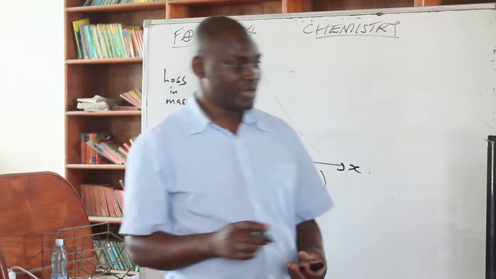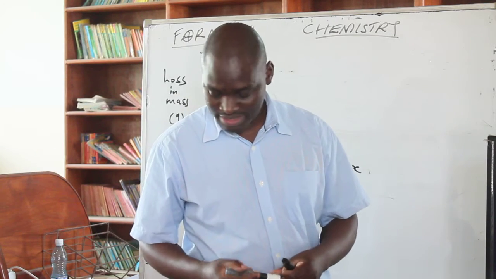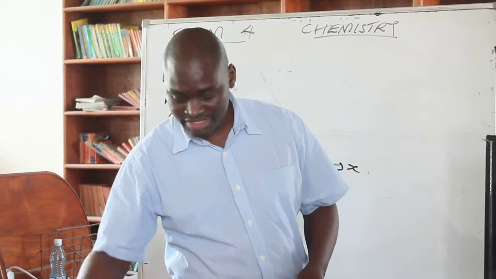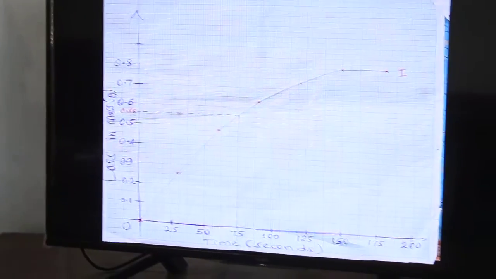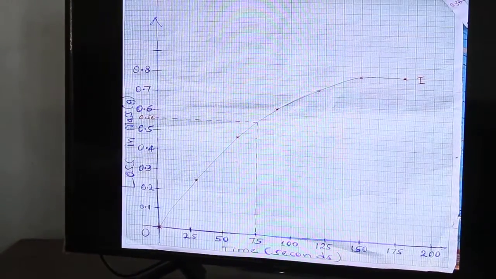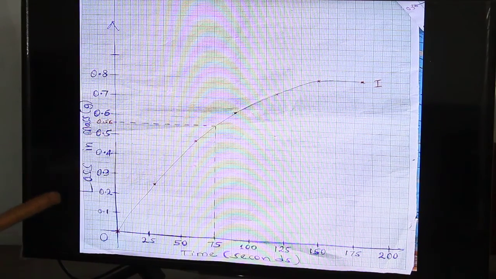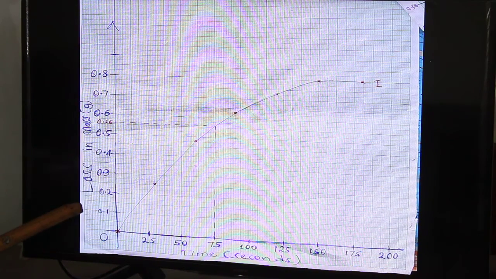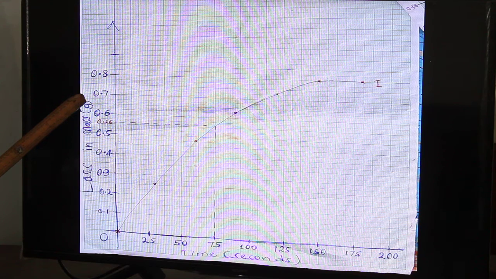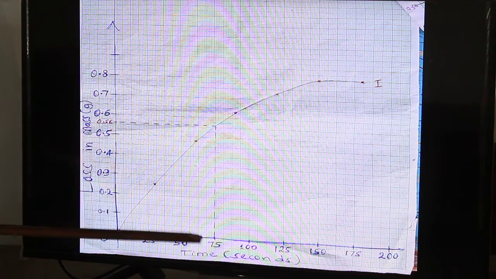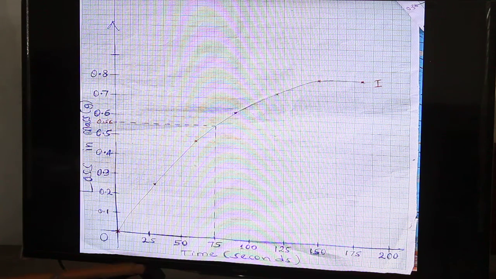So if you plot that graph, in this case we have our loss in mass in grams, and on this side we have time in seconds.